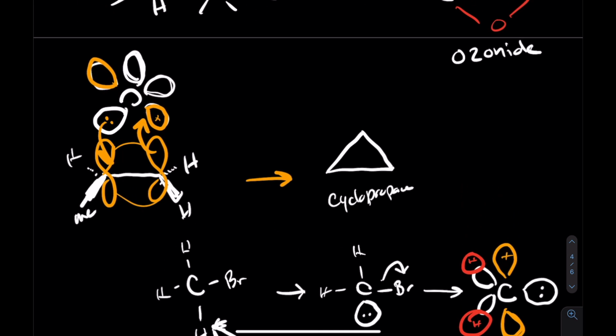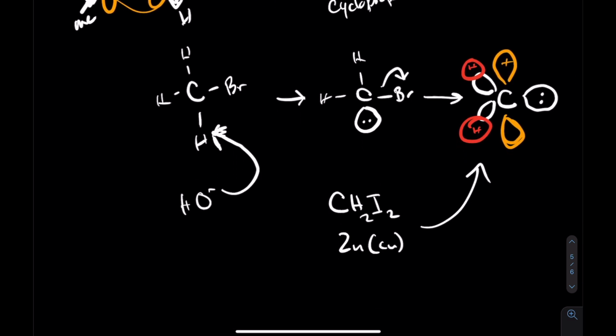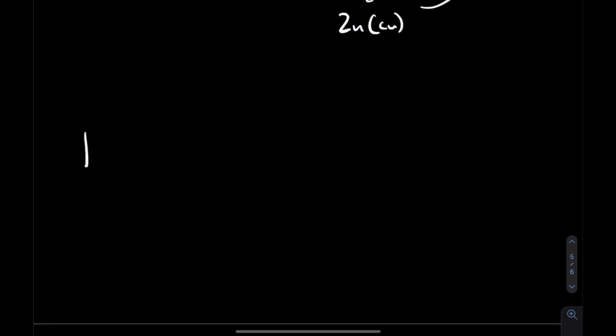And you'll notice that again you end up producing a reaction that occurs on the same face. So if you start off with a cyclohexane and it's got two methyl groups, it's going to end up pushing those two methyl groups down because the carbon is going to add to the same face.